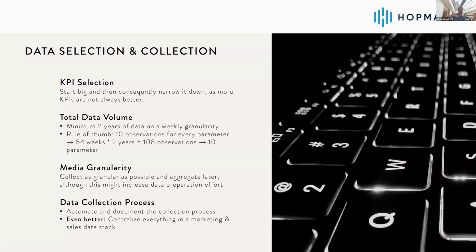Observations means more or less just a row in your final data set, and parameter means context variable, media channel, things like that. So if you have 2 years of data, you have roughly 108 observations, which means your model can probably estimate and analyze 10 parameters, like 6 media channels and then maybe 4 context variables.